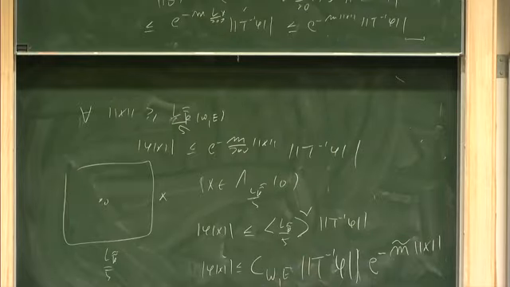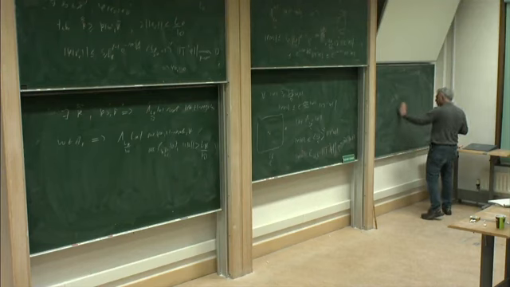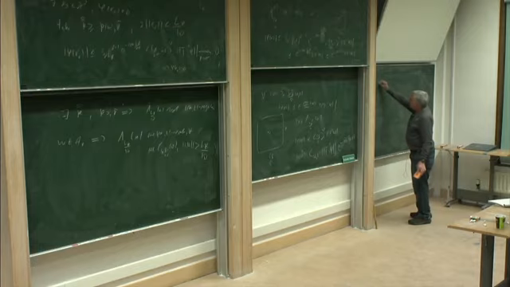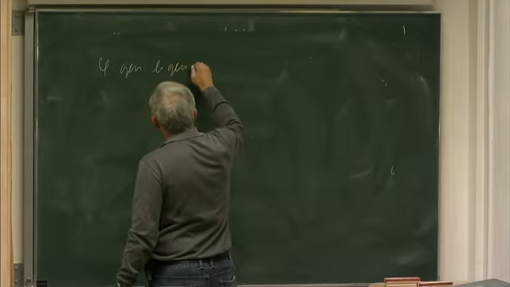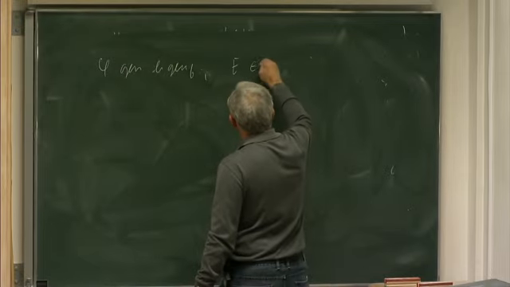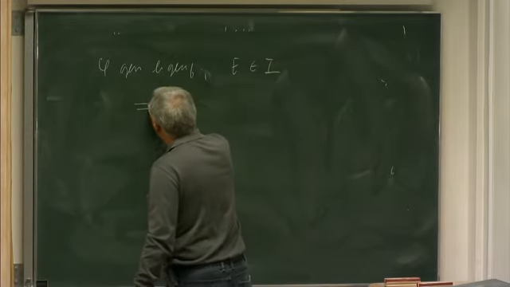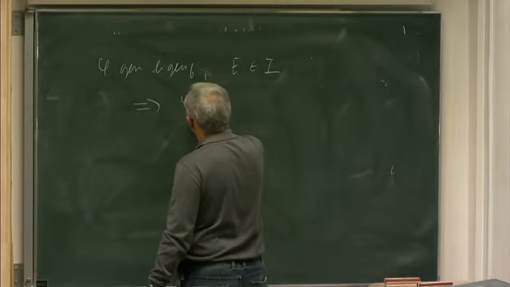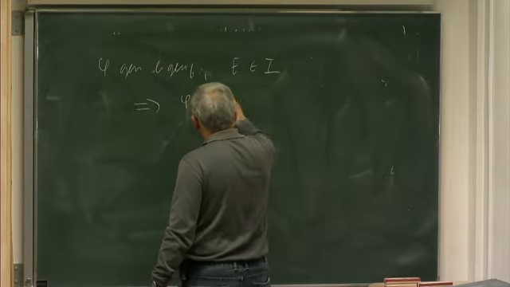So my conclusion is that phi, a generalized eigenfunction with corresponding eigenvalue in I, implies that phi is in little L2.